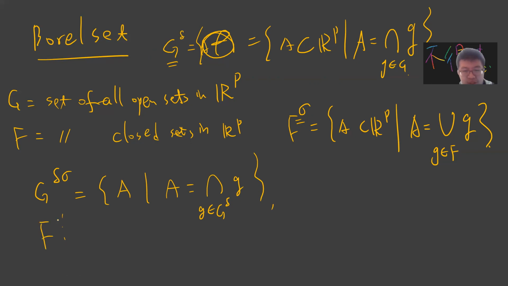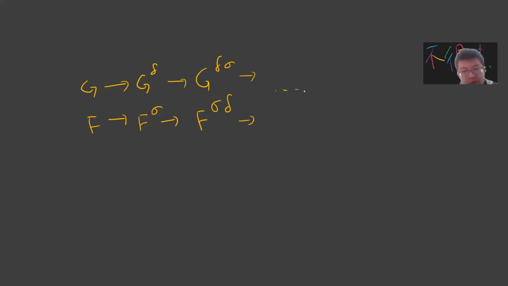So you can also define F sigma delta. So basically, you will have G and F, and you can define G delta and F sigma and G delta sigma and F sigma delta, and keep going.